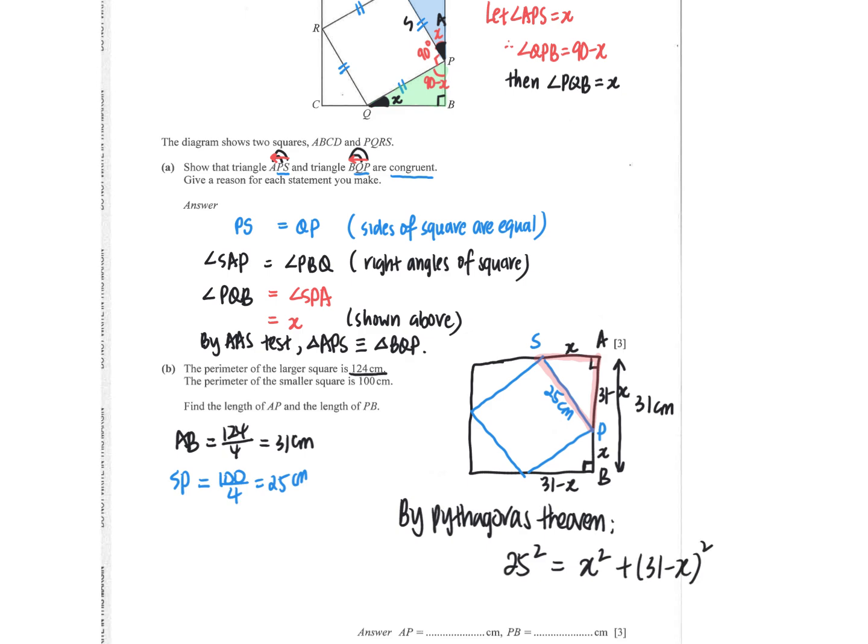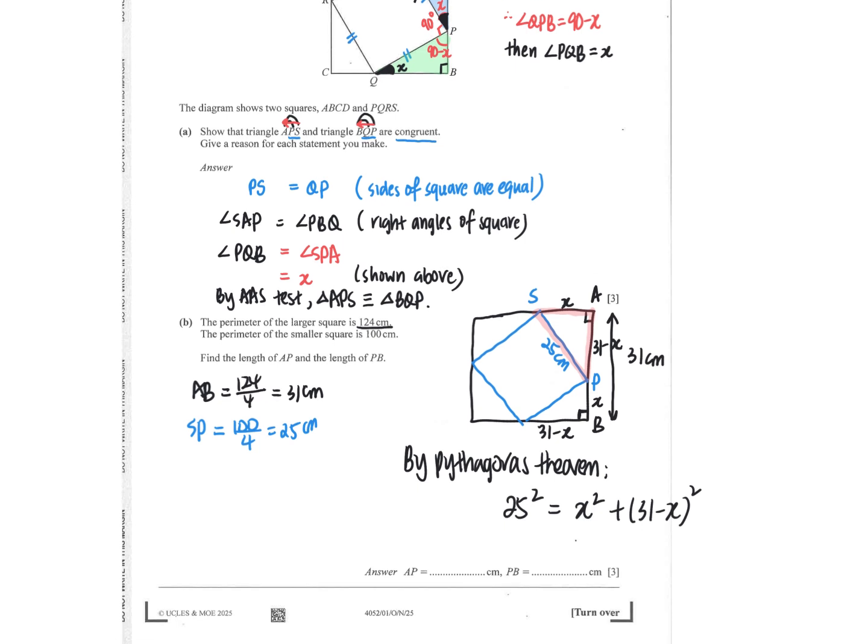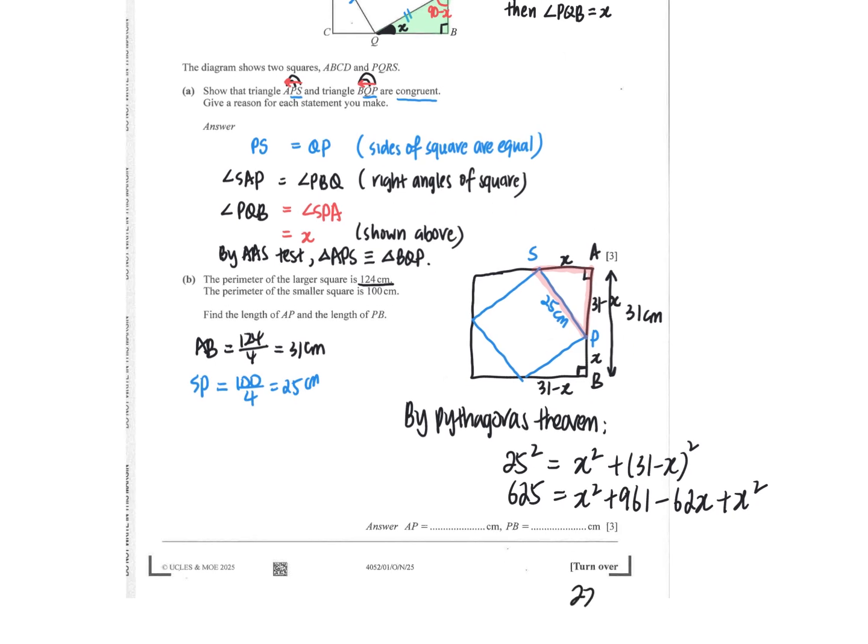So you just go and solve. Go and expand everything out. 31 square is what? 31 square is 961. 62x. X square. 625. So simplify everything.